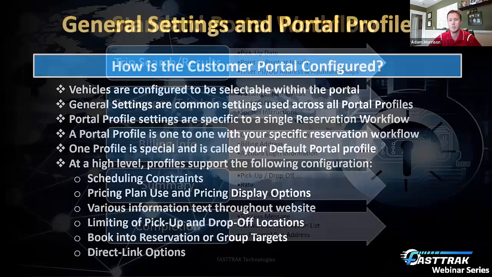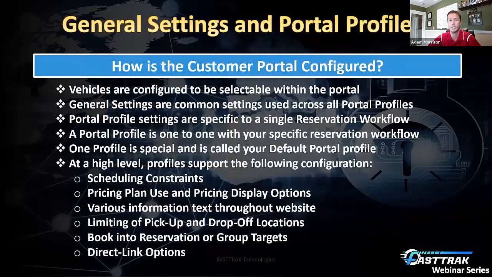So with that, we have general settings and portal profiles. Basically, how is the customer portal configured? I'm going to go into a live demo and show you exactly where these things are for those that aren't familiar with it. But basically, you have to select which vehicles you want to allow to book externally.